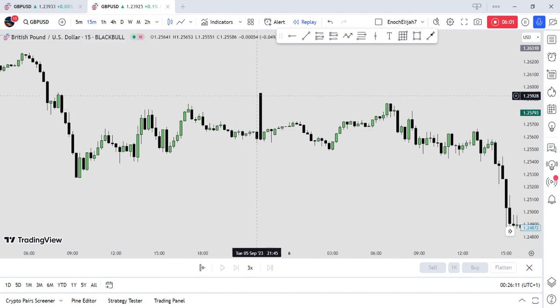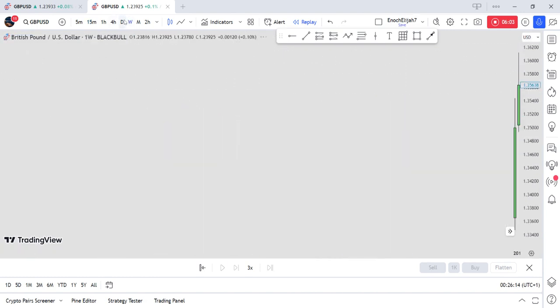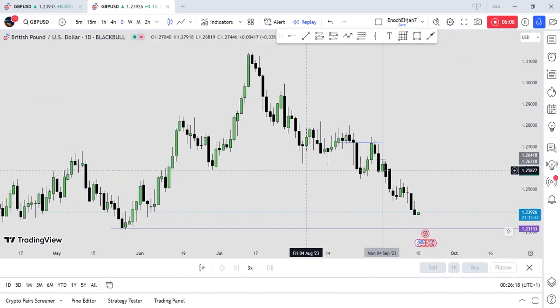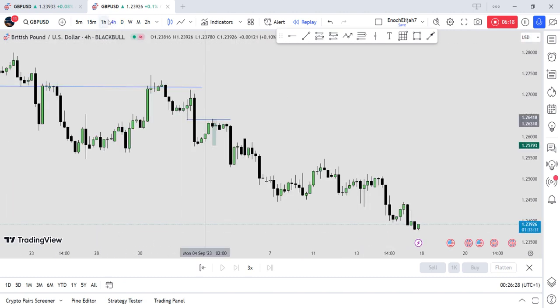Next, the 6th of September. Going to daily again, looking forward to sell again to this low. So, 4 hours time frame again. What is price likely to sell from?